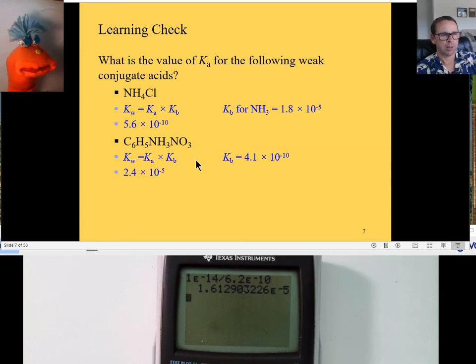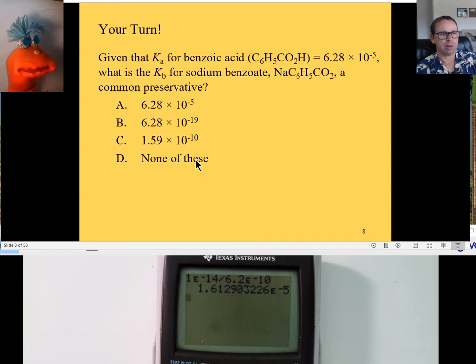That's it. Excellent. Very good. Ka for benzoic acid. What's the Kb for sodium benzoate? It's just 1.0 times 10 to the minus 14 divided by 6.28 times 10 to the minus 5. So it's probably going to be C. I think you got lucky. You didn't do it, did you? No, I didn't, but I can see it's not going to be B. You're not going to get the same number. It's going to be different, but it's going to have 10 to the minus 10. Okay, very good.